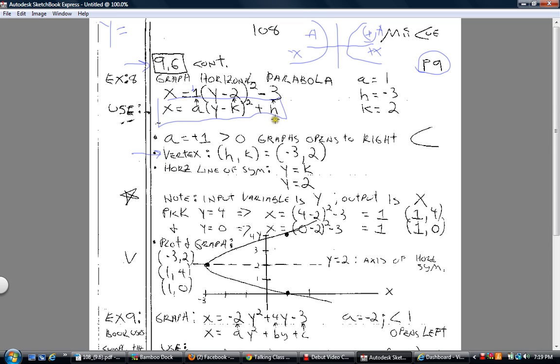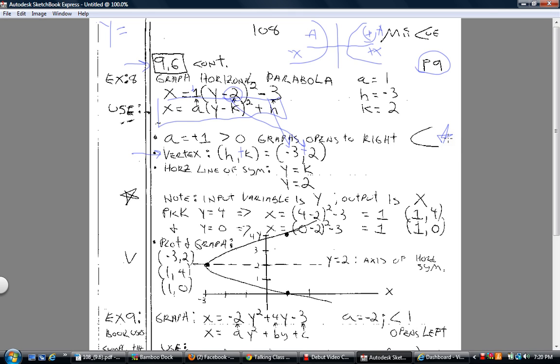The horizontal movement is now on the outside, so that -3 gets dropped into the x coordinate. The k, look at it, this is a -2. You need to give a positive k, so guess what you do with the sign? You switch it. So it's -3 comma 2. You know that opens to the right, like we just reviewed.